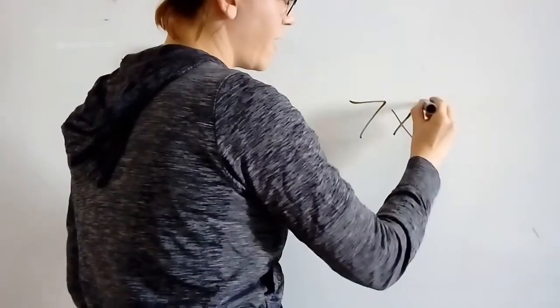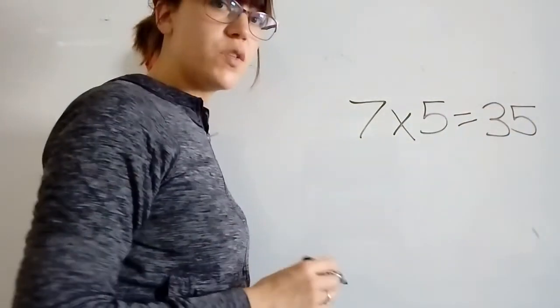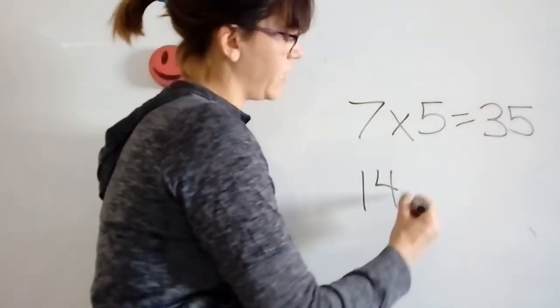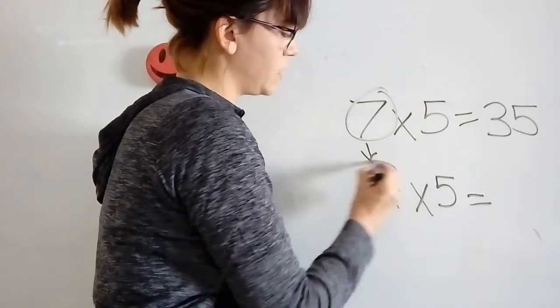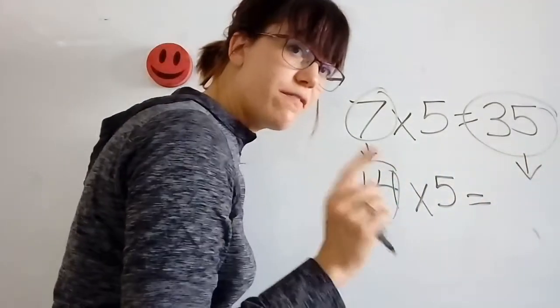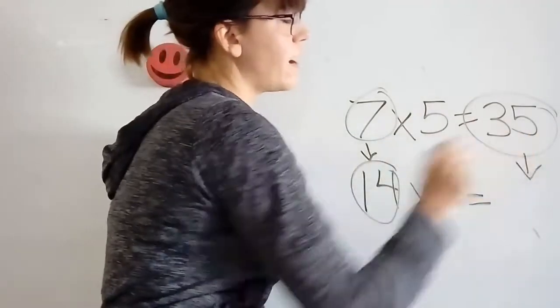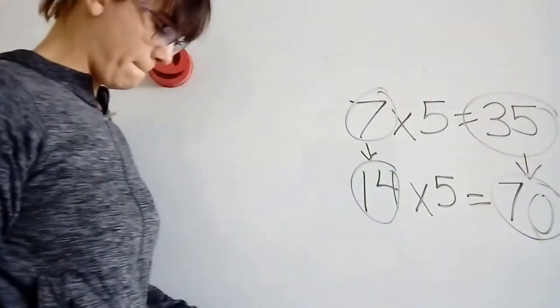Seven times 5 equals 35. So if I want to know what 14 times 5 is, 7 times 2 is 14. So the answer will be whatever 35 times 2 is. 35 times 2 is 70.